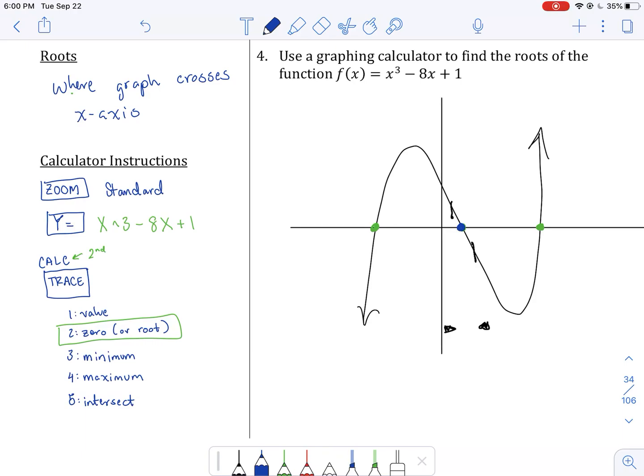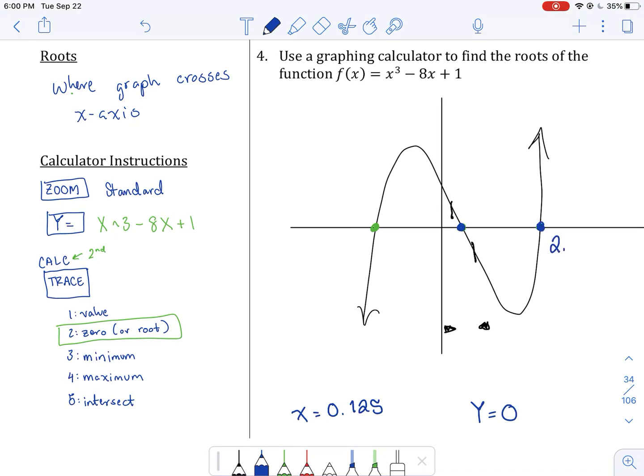And you end up with the hopeful y value of 0, because that's what makes it a root. And then it will tell you your x value, which in this case is 0.125.